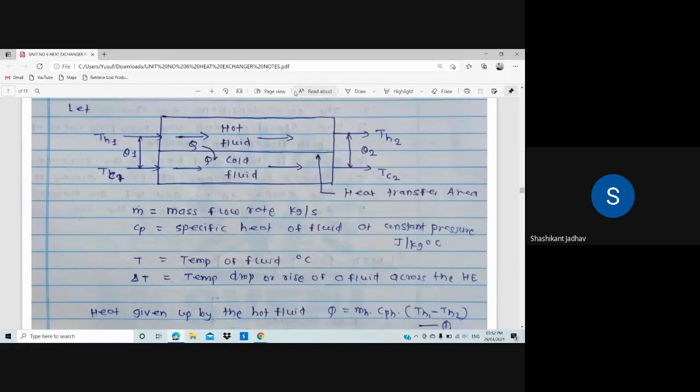The temperature difference between TH1 and TC1 is theta 1, and the temperature difference between TH2 and TC2 is theta 2. At the dividing wall, that is the heat transfer area, heat transfers from the hot fluid to the cold fluid. Okay, so draw this diagram.